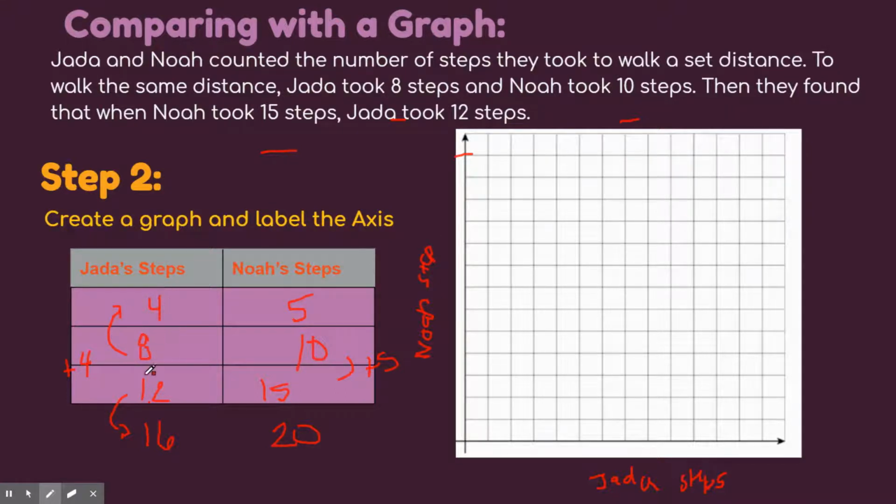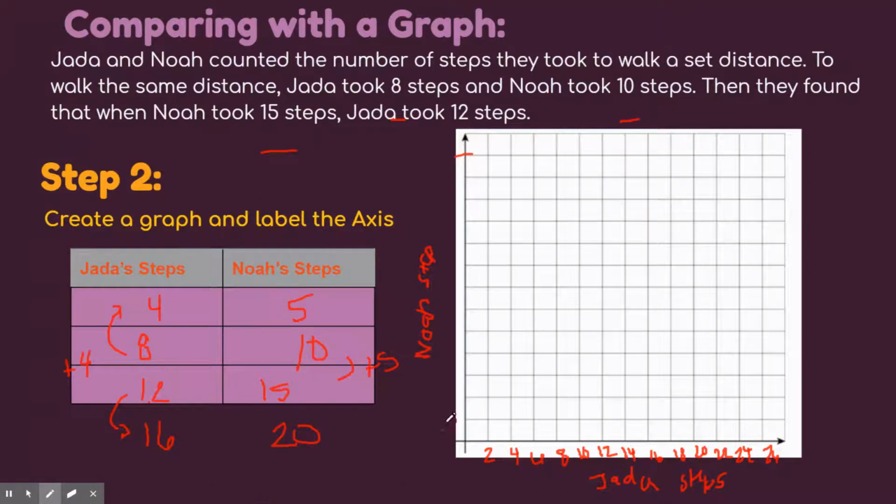Okay, if you notice, Jada's are even numbers, so I'm going to go up by 2s here. I'm going to do 2, 4, 6, 8, and then 10, 12, 14, 16, 18, 20, 22, 24, 26.